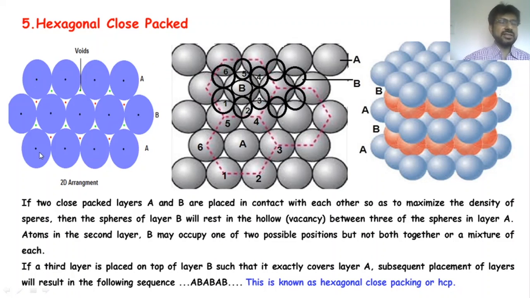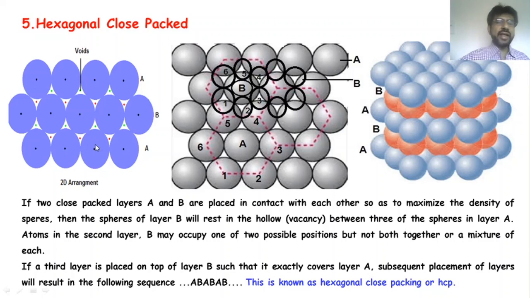Now we can see here, this is the first sphere which is in layer A. Then we can see the first sphere of the third layer having the same position.